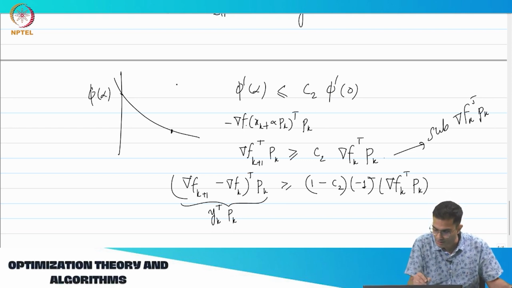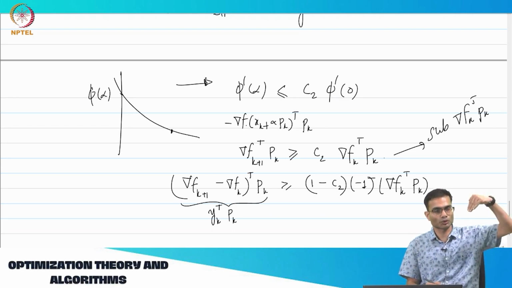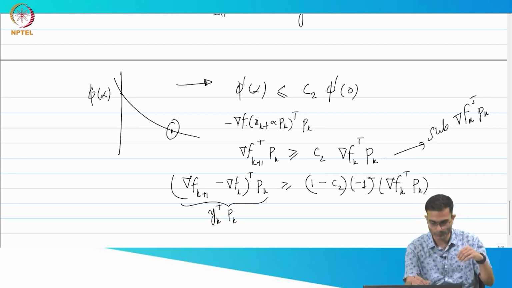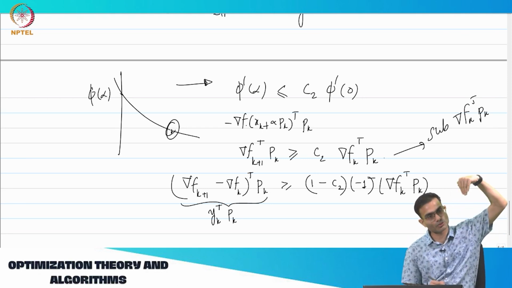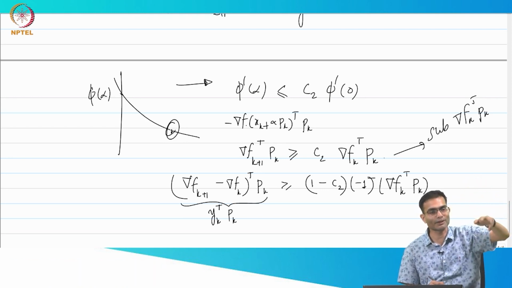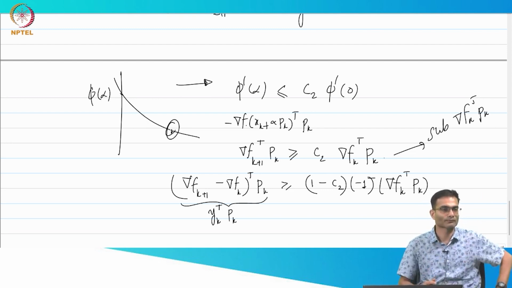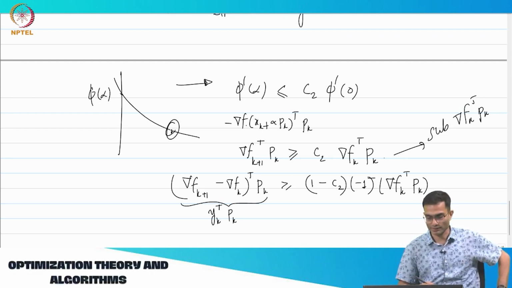When I wrote the first expression, it was intuitively that the slope at this point alpha should have reduced to less than c2 times the original slope, in magnitude. To get the magnitude, I multiplied by a minus sign to get a positive number. This is a valid descent direction. That is the intuitive way to remember it.